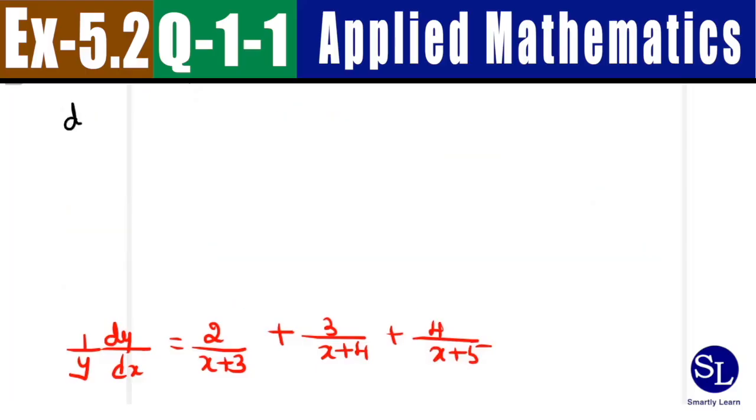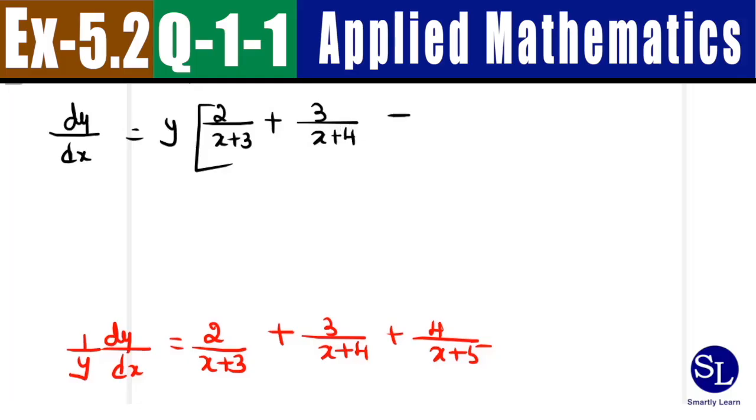So this is dy by dx is equal to y into this particular expression, which is 2 divided by x plus 3 plus 3 divided by x plus 4 plus 4 divided by x plus 5. Now I need to expand what is y here.